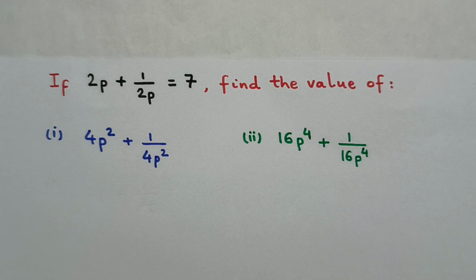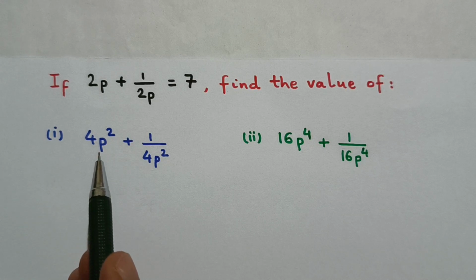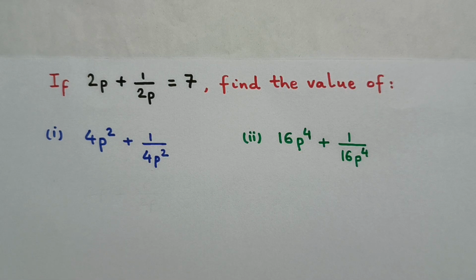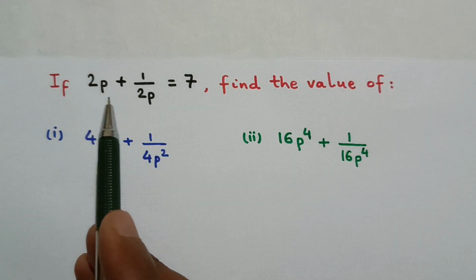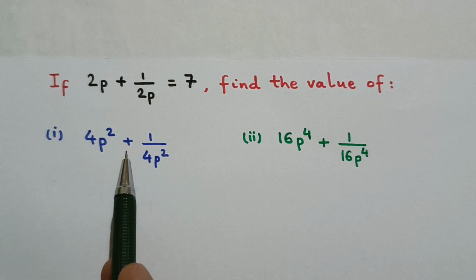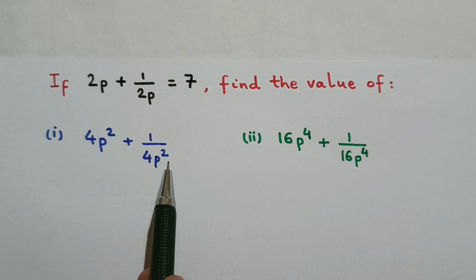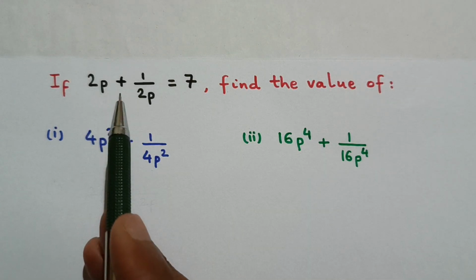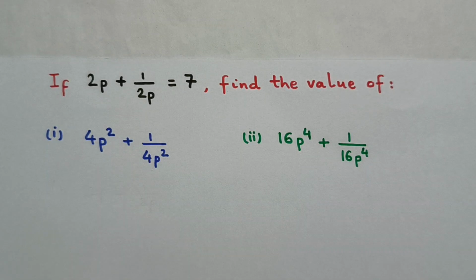So first we are going to find the value of 4p square plus 1 upon 4p square. As soon as I see 2p plus 1 upon 2p and 4p square plus 1 upon 4p square, I know that I will have to square 2p plus 1 upon 2p.